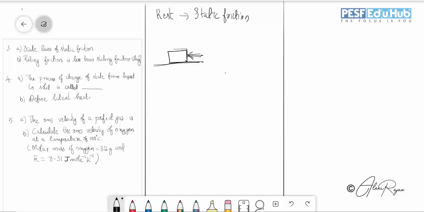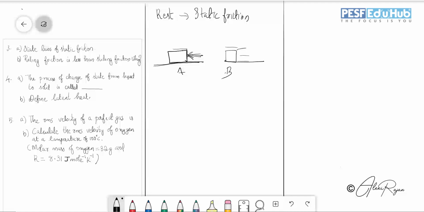At that particular point, the object starts to move. That means first the object will be at point A. Now the object is at point B. That means there comes a maximum force, right? At that particular point only the object tends to move.